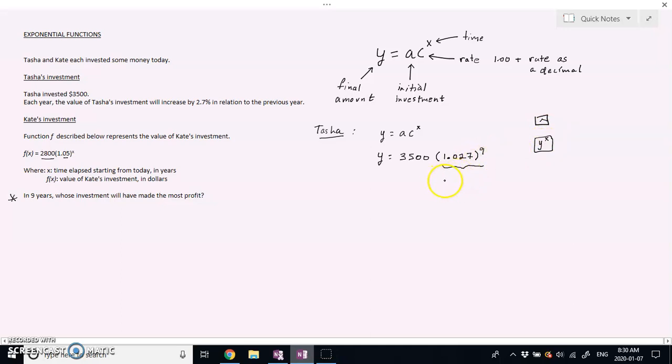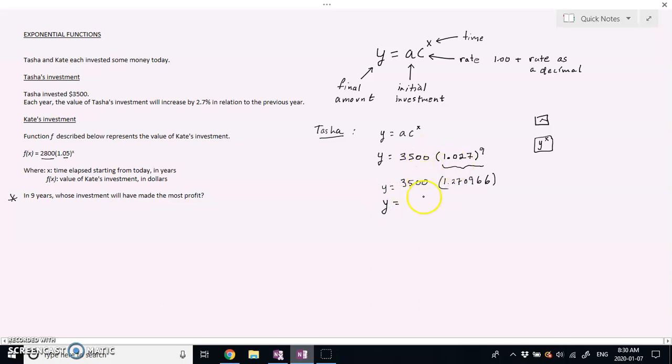When I do that, I get a number, for me it's like 1.270966, whatnot. Okay, now my 3500 is still out there. And I'm going to now just multiply these two numbers together.